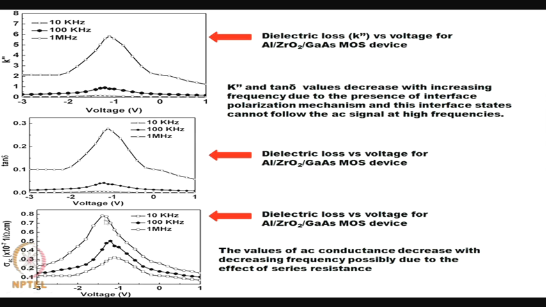So, for all the properties, that means the dielectric loss, the loss tangent and AC conductivity, we can find that these values decrease with increasing frequency due to the presence of interface polarization mechanism, and these interface states cannot follow the AC signal at high frequencies. And the value of AC conductance decreases with decreasing frequency, possibly due to the effect of series resistance.